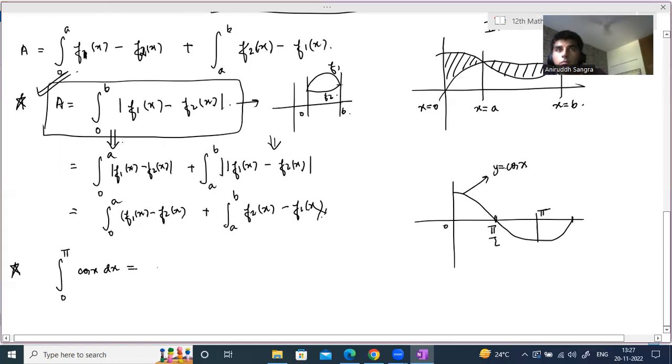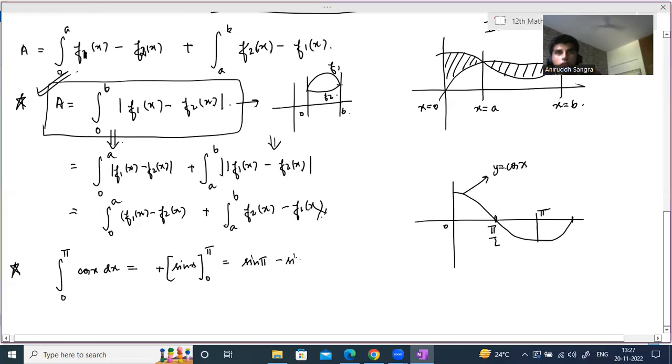The integral of cos x is sin x, from 0 to pi. What is sin pi? Sir, minus 1?